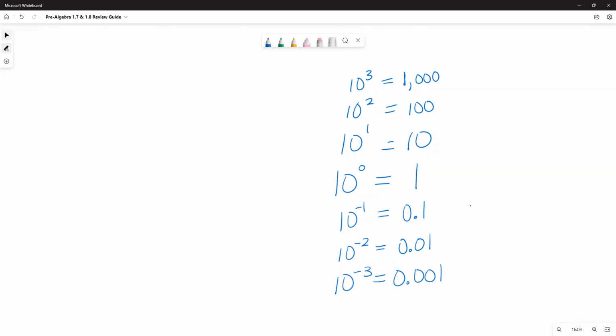Yes, the thousandth. All right, so when you see a number where the digits that have value are behind your decimal place, then you are looking at a negative exponent, or you have to make the number smaller. So that's super important.